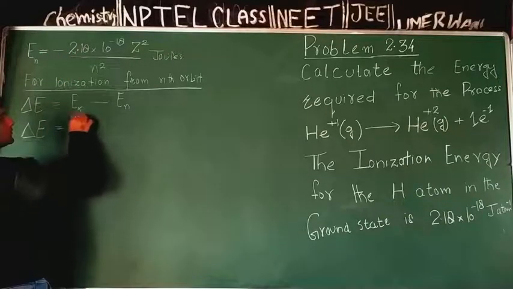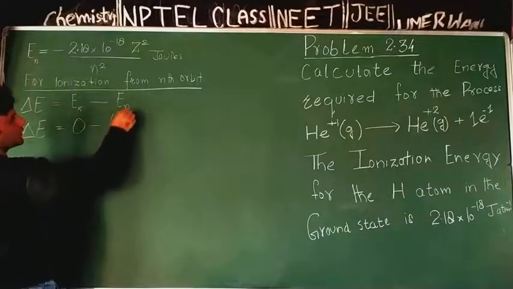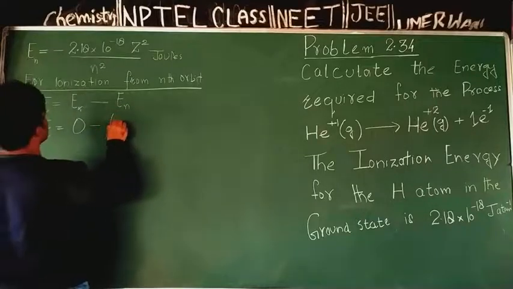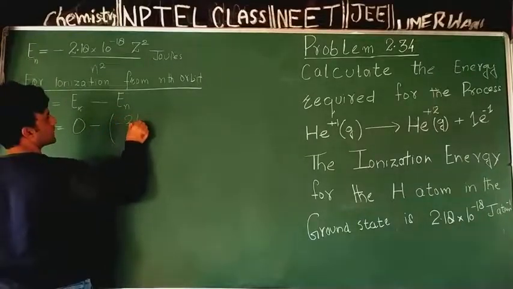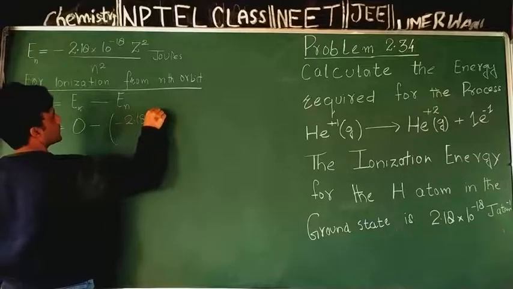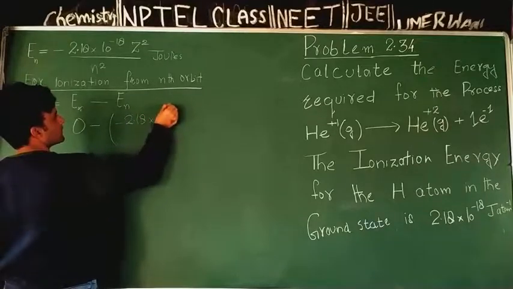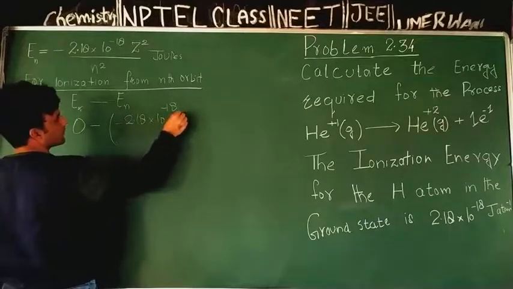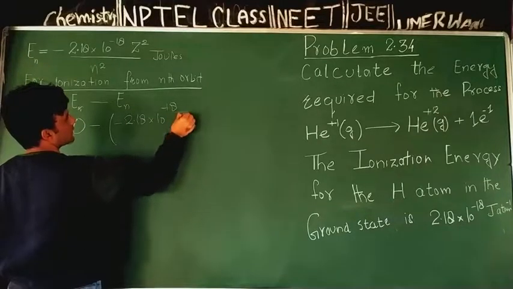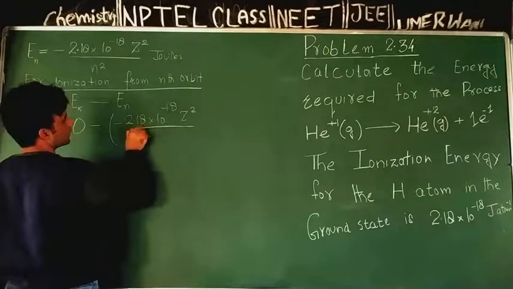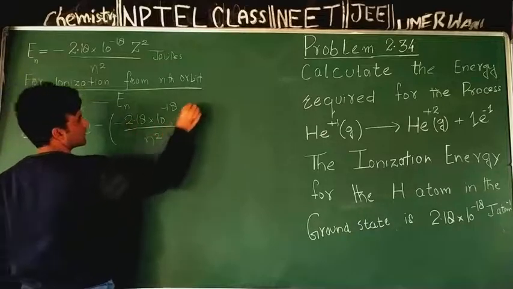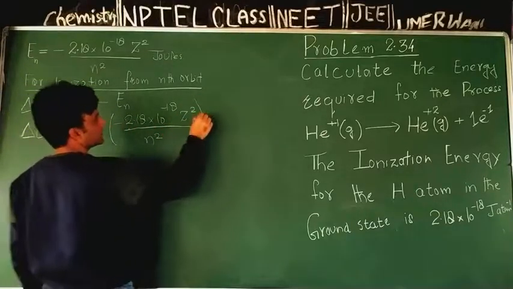It is equal to 0 minus energy of electron in nth orbit, which is minus 2.18 into 10 to the power minus 18 Z square divided by n square, and it is in joules.